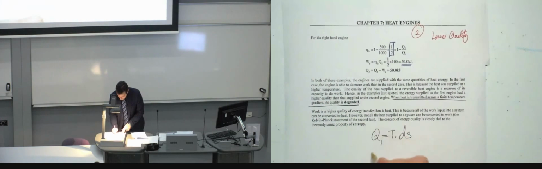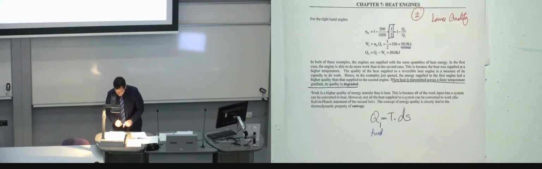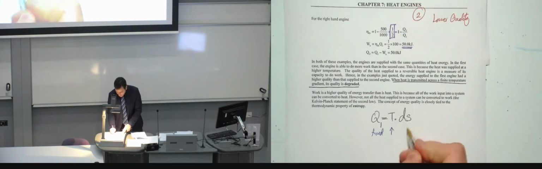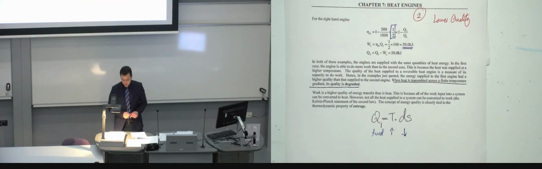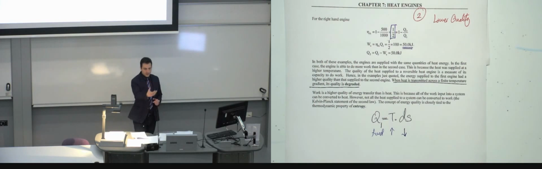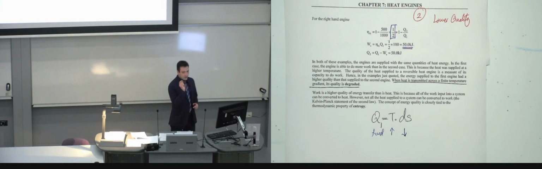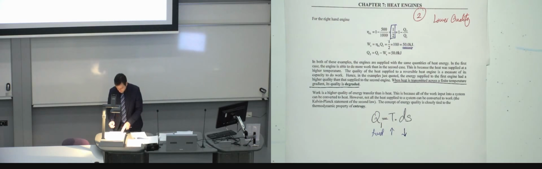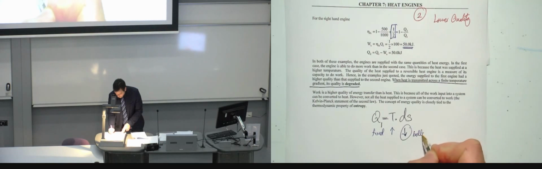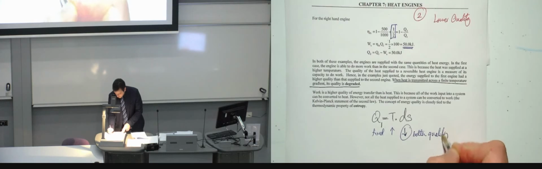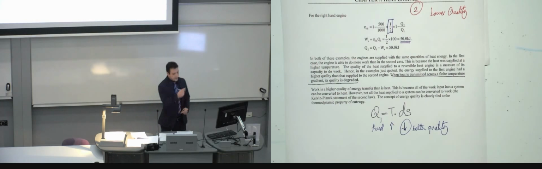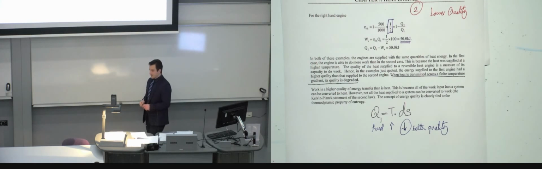If this is fixed, and the temperature is higher, which was in the first case, we know that dS, which is the change in entropy, has to be less to compensate for that. If the change in entropy is less, it means it's a better quality. And therefore, when you have a higher temperature difference between the two reservoirs, you get a better efficiency.